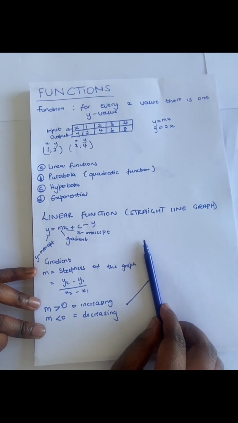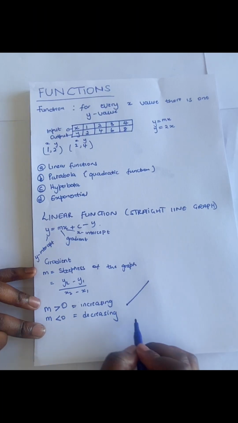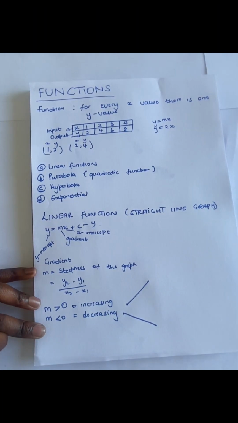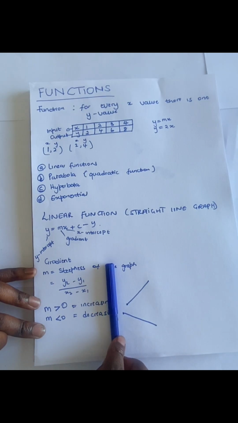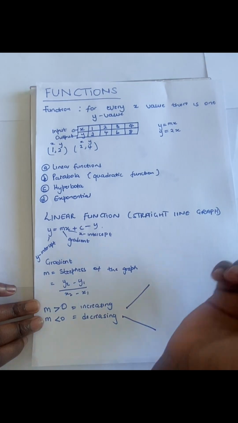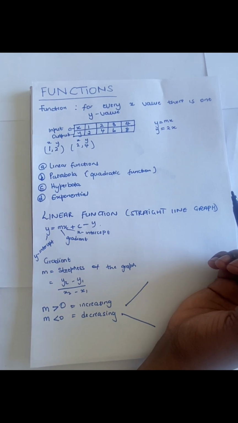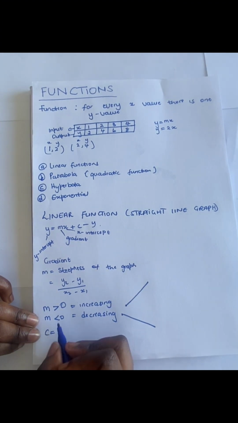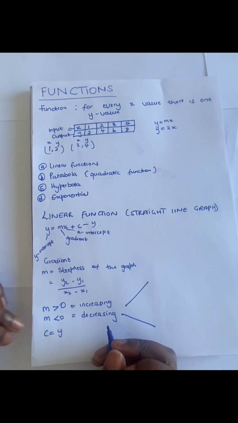That means it is increasing. And then this one is decreasing. Obviously, you're reading it from your left. As you go to the right, it is decreasing. So that's how you see if your graph is increasing or decreasing. And then c, as I just said, is your y value or your y-intercept.